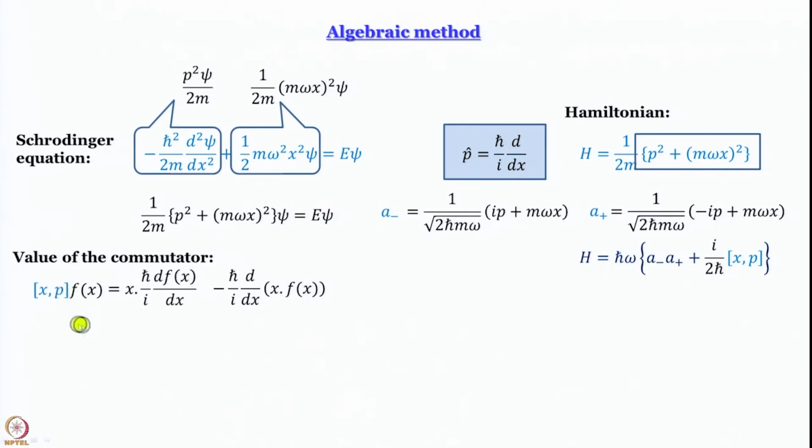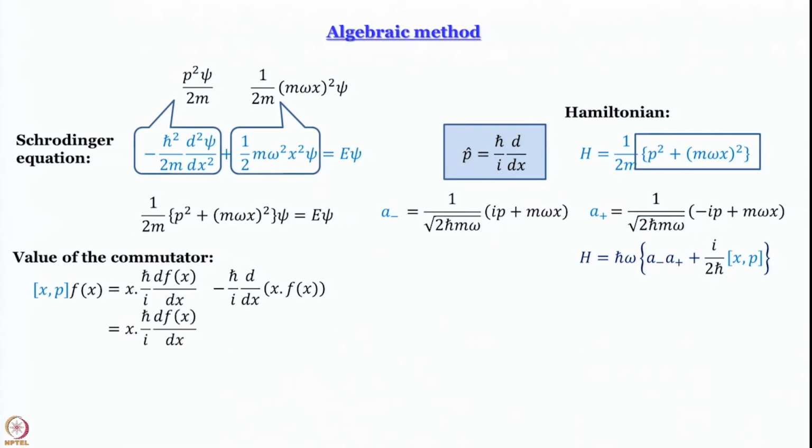The commutator of x and p operating on f(x) gives us x·ħ/i df(x)/dx minus ħ/i d/dx of the product of x and f(x). Of course, you know very well what to do when you have to differentiate a product: d/dx of uv is equal to u dv/dx plus v du/dx.